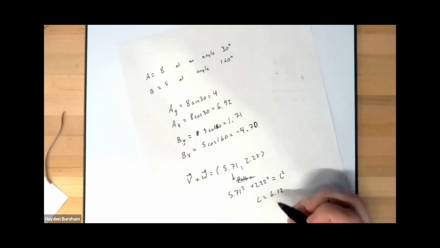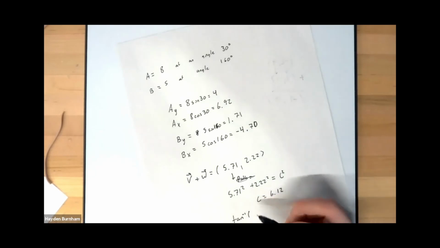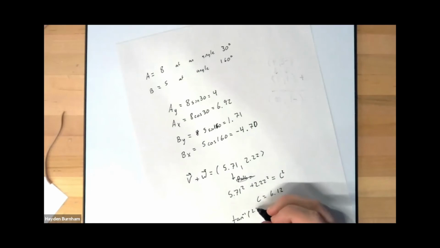And then to find the angle, you would just do the tangent inverse of the y length, because we're doing opposite over adjacent. So that would be 2.22 over 5.71. Can you scoot up the paper a little bit, please?